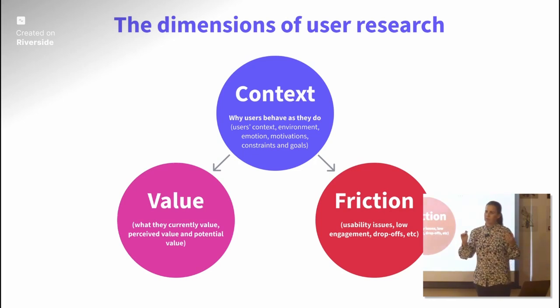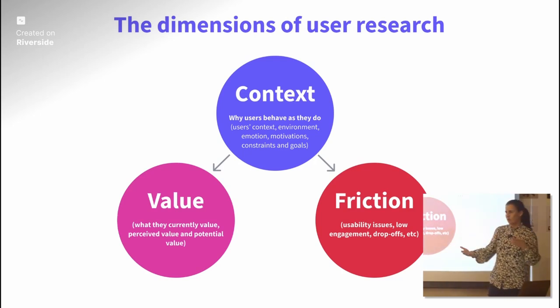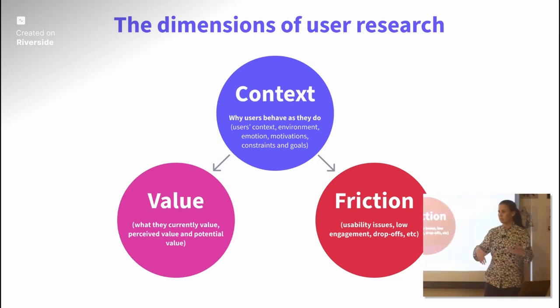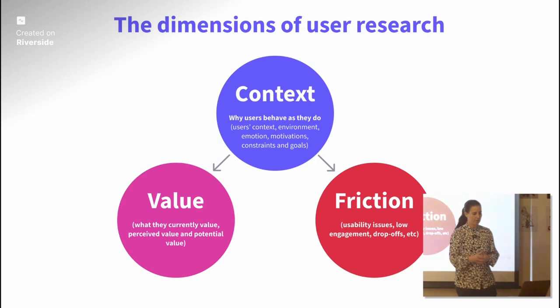And depending on your research objectives, you might be looking at different methods, right? So for example, to discover value, to understand what users or customers value, you might be doing discovery research, user interviews and surveys, depending on your objectives.